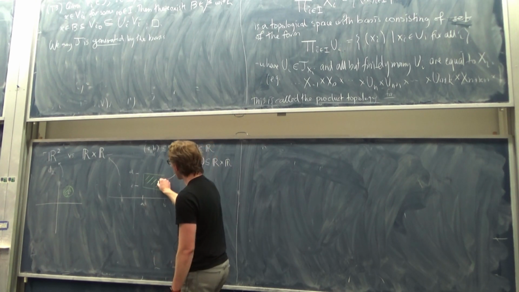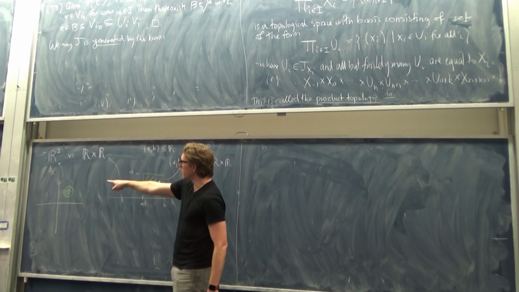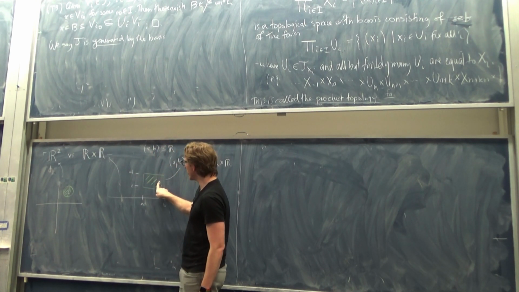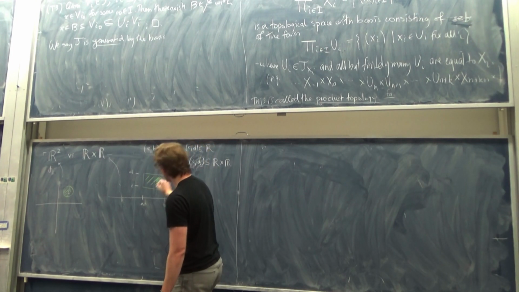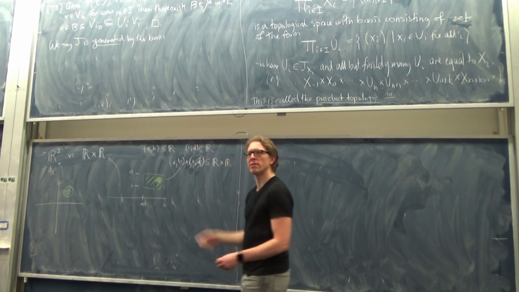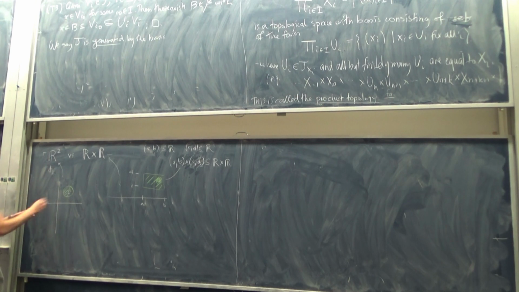Well, I have to prove that given any point in here, I can find an element of that basis which is containing that point and contained in the rectangle. Well, that's clear. I can just take the circle sufficiently small and I'm okay. Right? And similarly over here, why is this set open in that topology? Well, given any element of the circle, I can find an interval sufficiently small which fits inside the circle. Okay? So those are two different bases which generate the same topology.